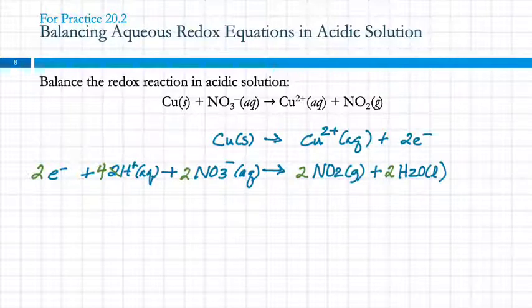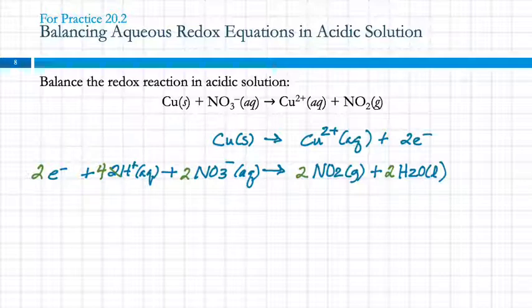I'm doubling it because the first reaction was losing 2 electrons. I need the second reaction to gain 2 electrons because the 2 electrons have to go somewhere. When I add this up, I shouldn't have any electrons showing up in my final reaction.